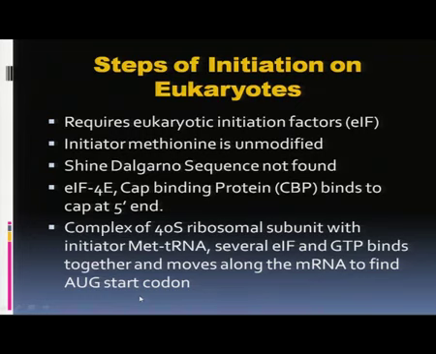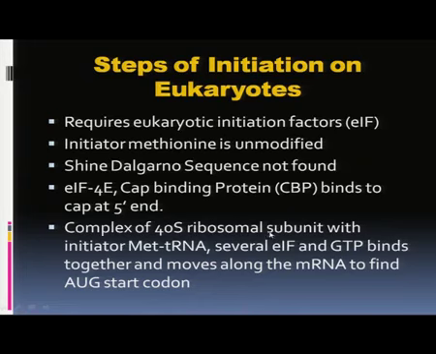So it is somewhat different from prokaryotes. In prokaryotic ribosomes, with the help of the Shine-Dalgarno sequence, they can recognize the initiation codon, but in eukaryotes, the 40S ribosomal subunit with initiator methionine transfer RNA and several eukaryotic initiation factors and GTP binds together and moves along the messenger RNA to find the AUG start codon.